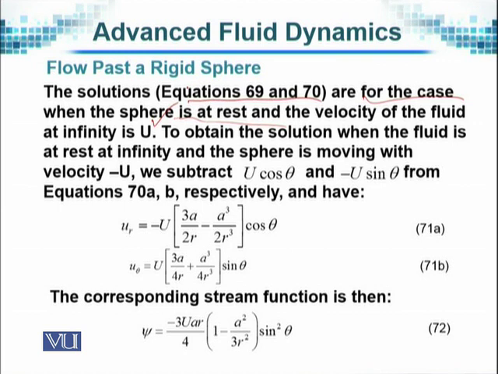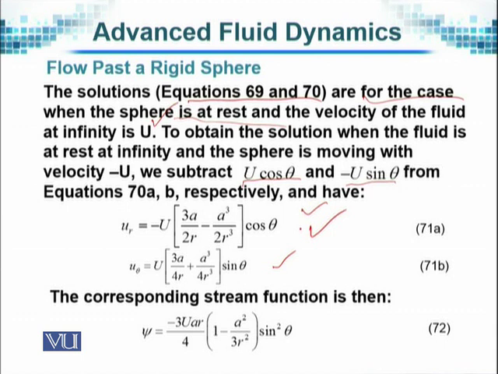Now, to obtain the solution when the fluid is at rest at infinity and the sphere is moving with velocity minus u, we subtract u cos theta and minus u sin theta from these equations, and we obtain these two new values for u_r and u_theta.